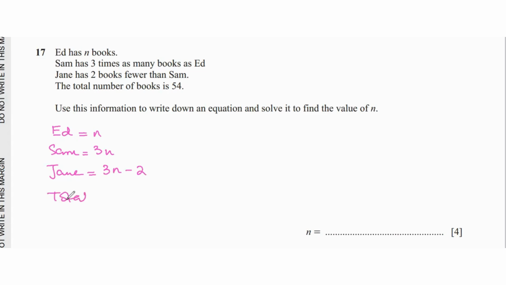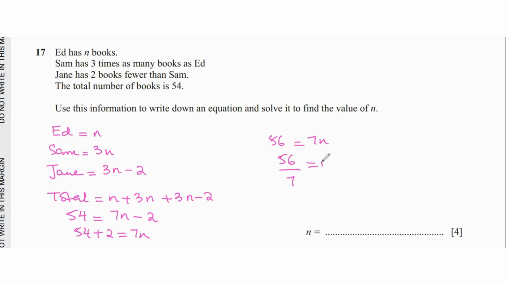Total is going to be n plus 3n plus 3n minus 2, which is equal to 54. So n plus 3n is 4n. 4n plus 3n is 7n. 54 plus 2 equals 7n, which is 56 equals 7n, and that gives us the value of n as 8.